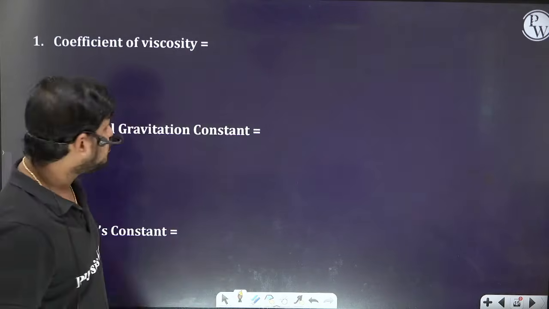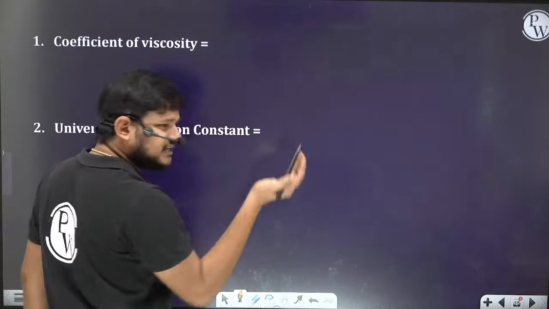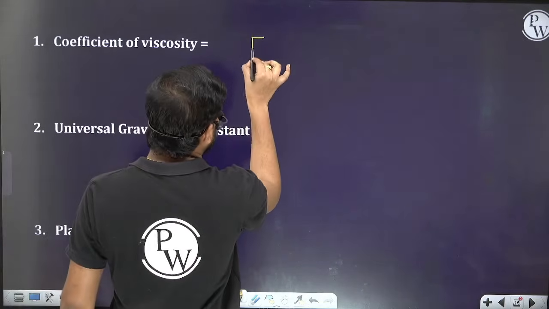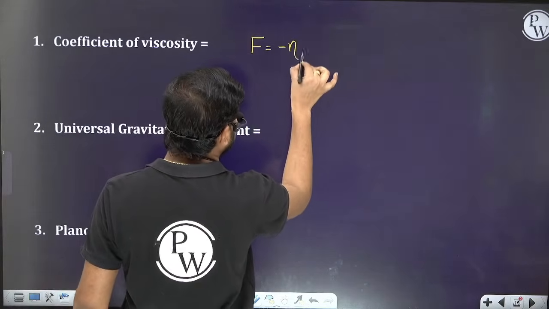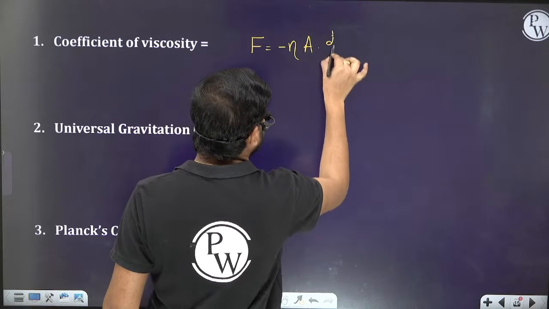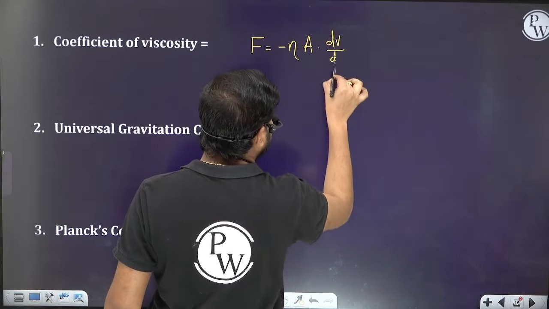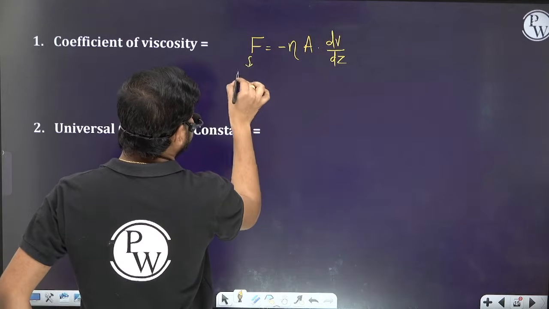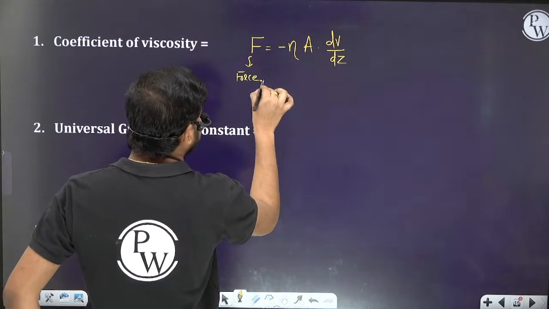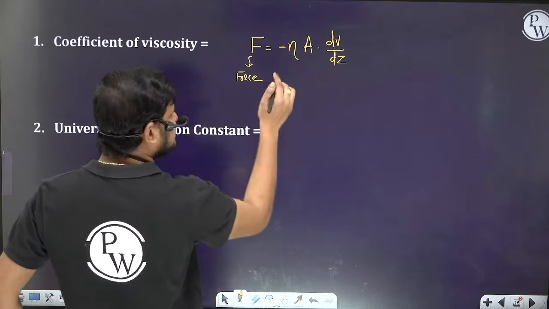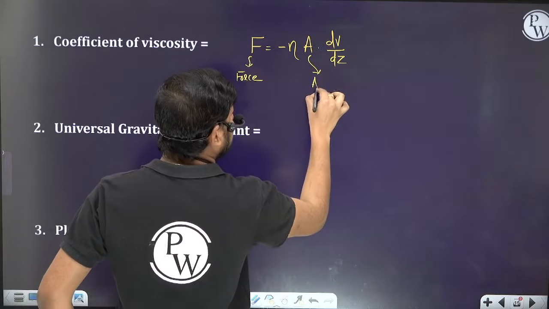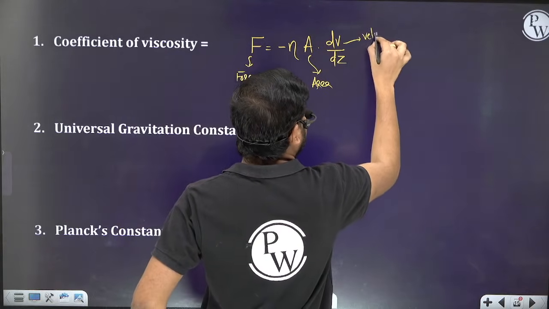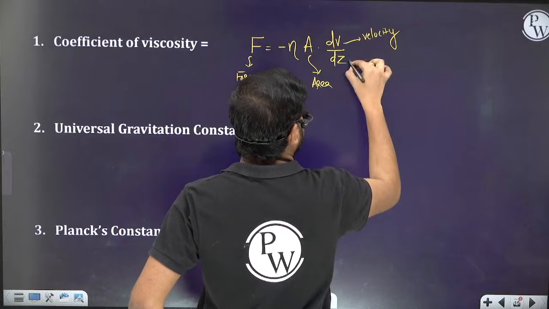Here first let me write the formula, then I'll tell you the trick to remember the dimensions. The formula is: viscous force equals minus eta A into dV by dz, or delta V by delta Z also we can write. Where this is the viscous force, this is the coefficient of viscosity eta, this term is area, this is a velocity term, and this is a distance term.